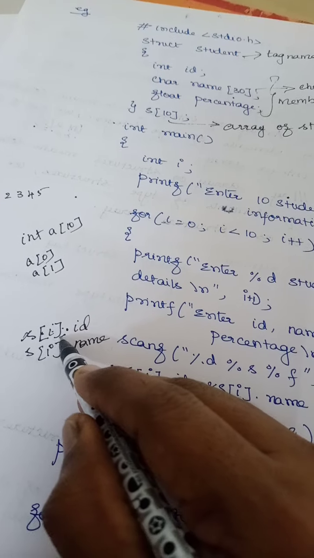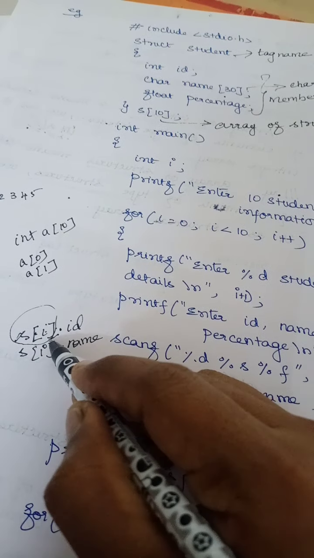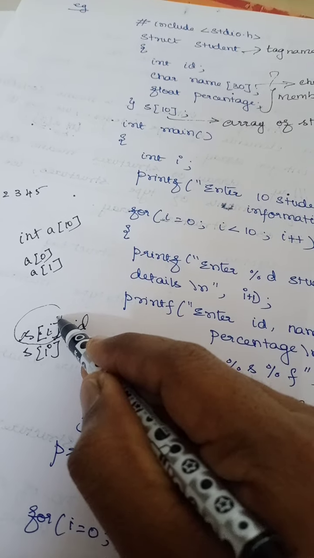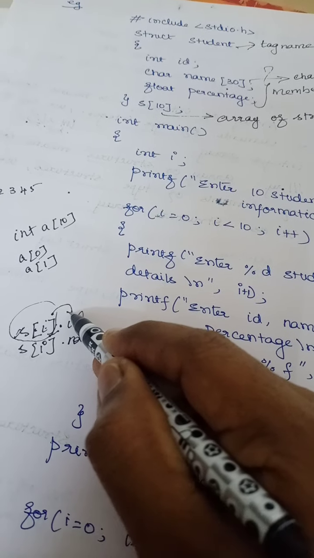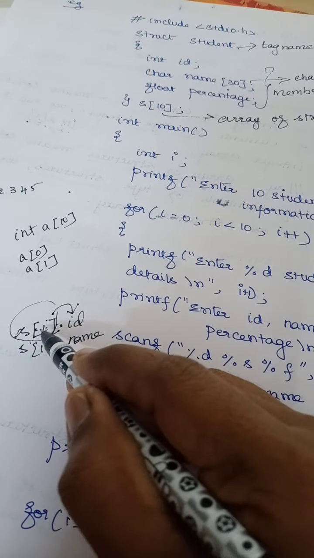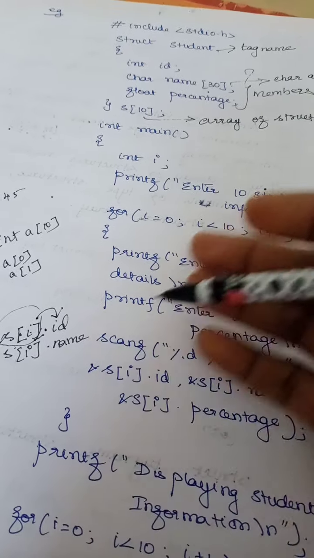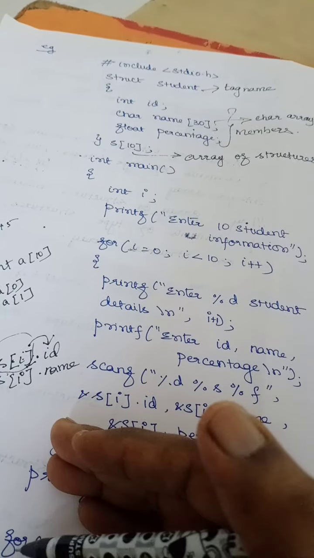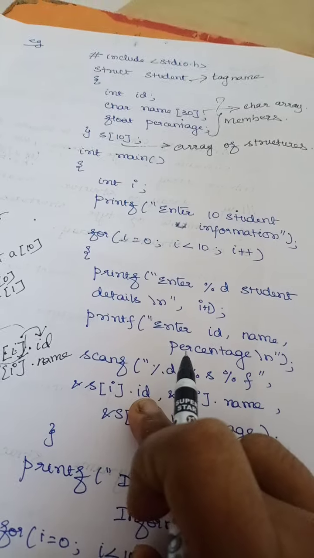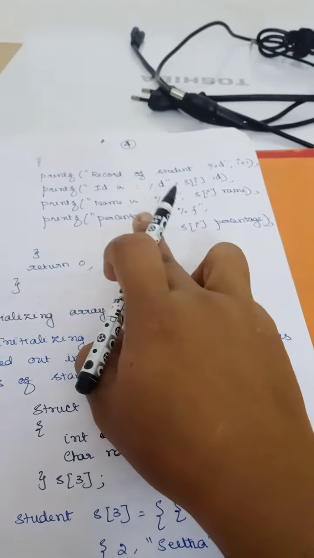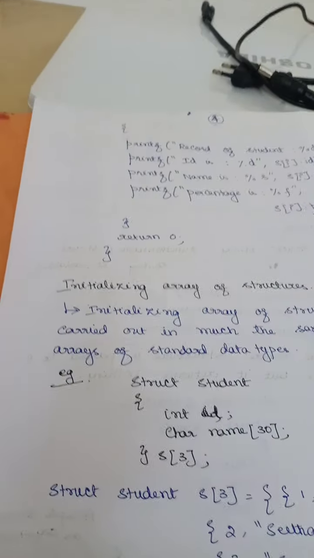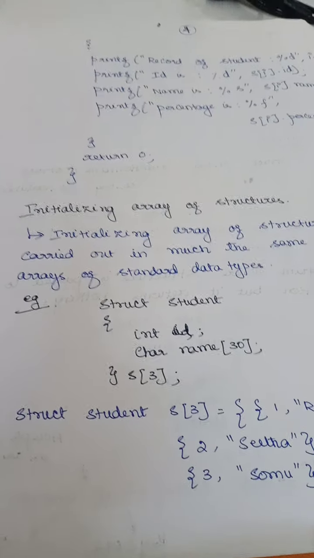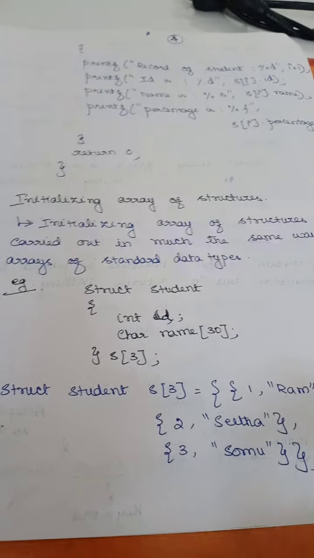Here it is an array of structures, so I have used s of i, and to refer to id I have written s of i dot id. Everything else is the same as your previous program: how to read the structure variable, how to print it. Except one difference, here we have used an array of structures.